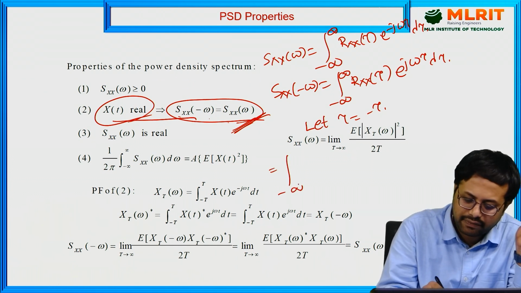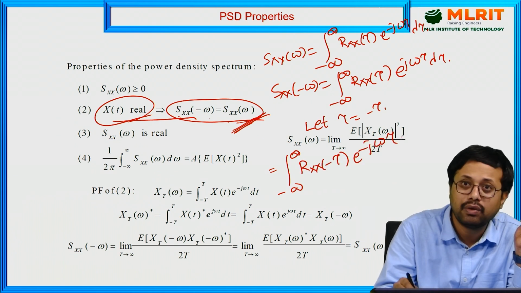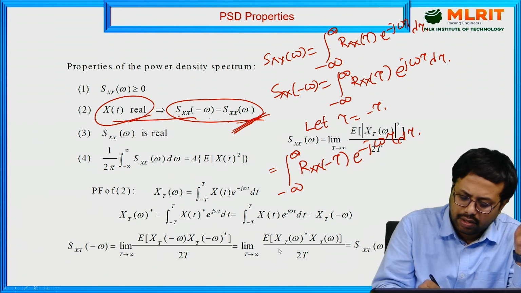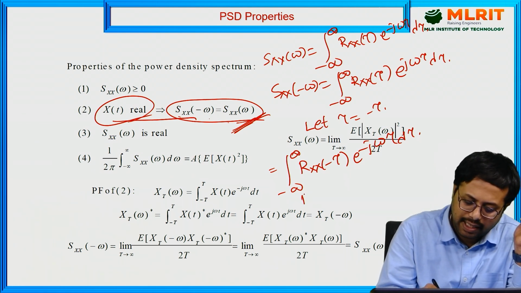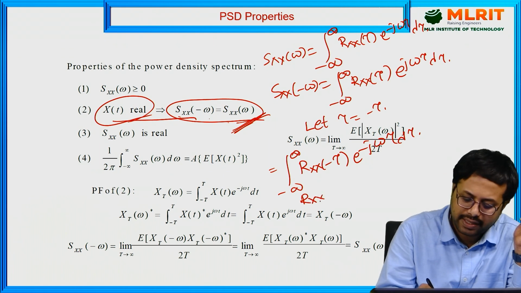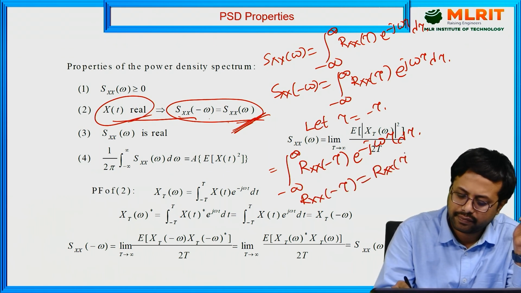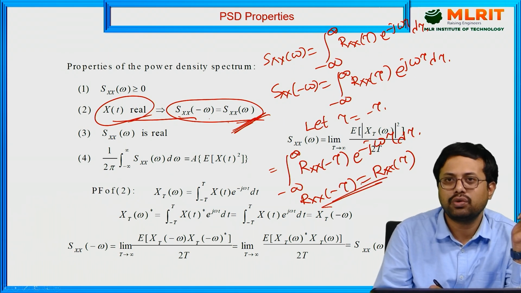Integral from minus infinity of R_XX of minus tau e power minus j omega tau d tau. Now we know the property from the autocorrelation function that R_XX of minus tau equals R_XX of tau, from the even symmetry property of the autocorrelation function.